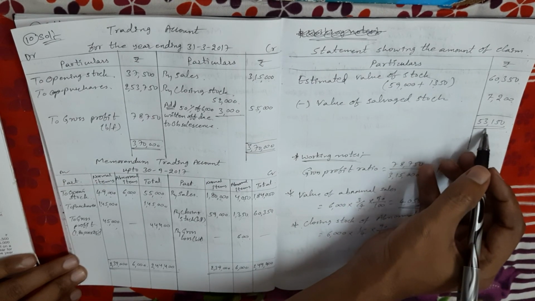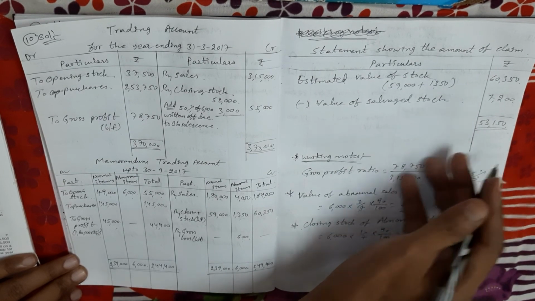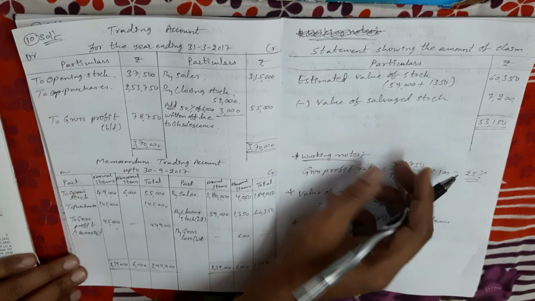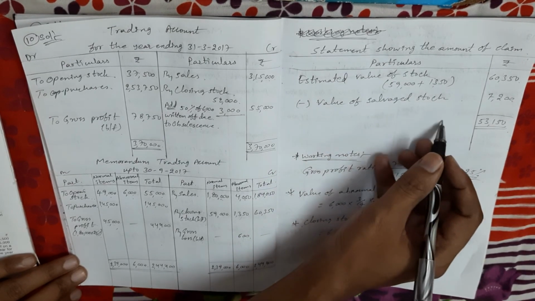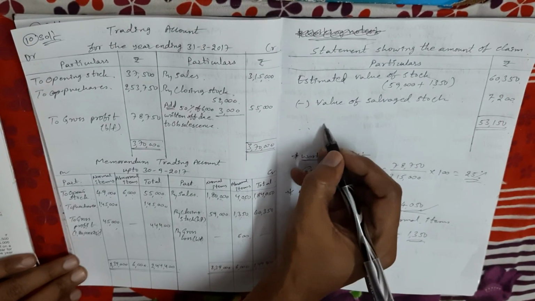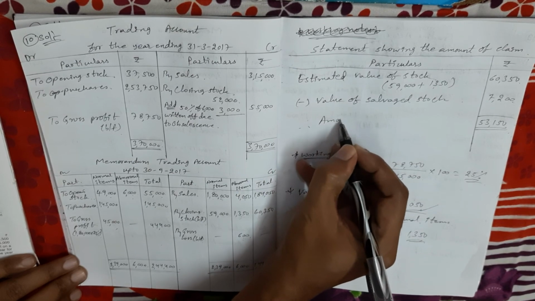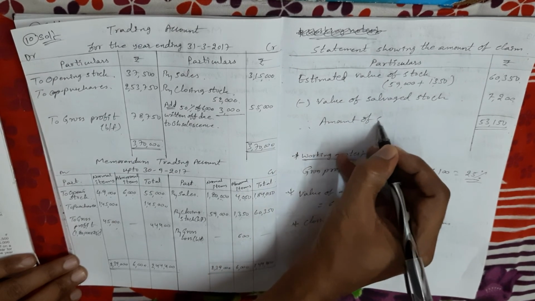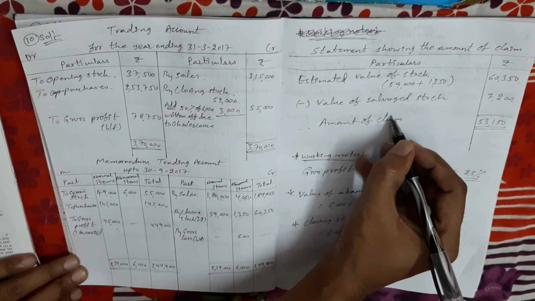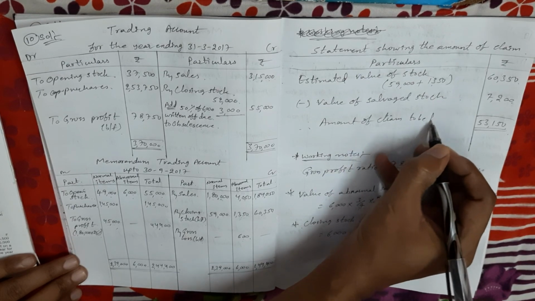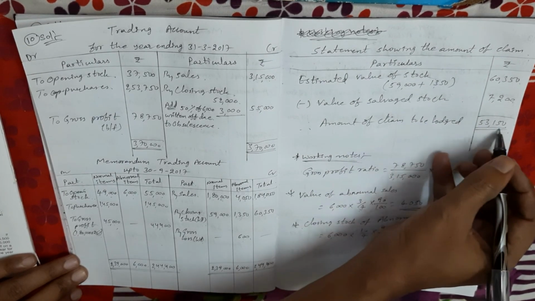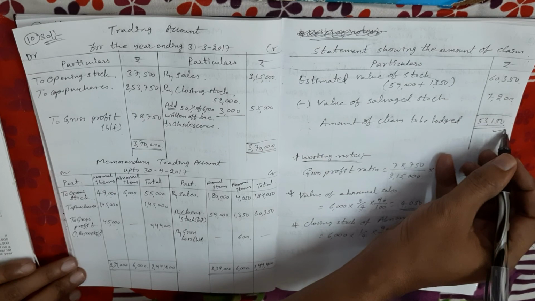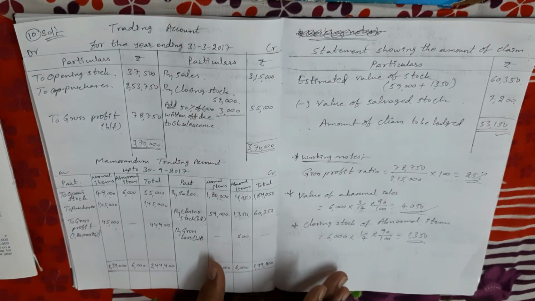This is the insurance claim amount because the insurance policy amount is not given. So the actual value of stock destroyed we treat as the amount of claim to be lodged. Therefore, the amount of claim to be lodged is 53,150 rupees.